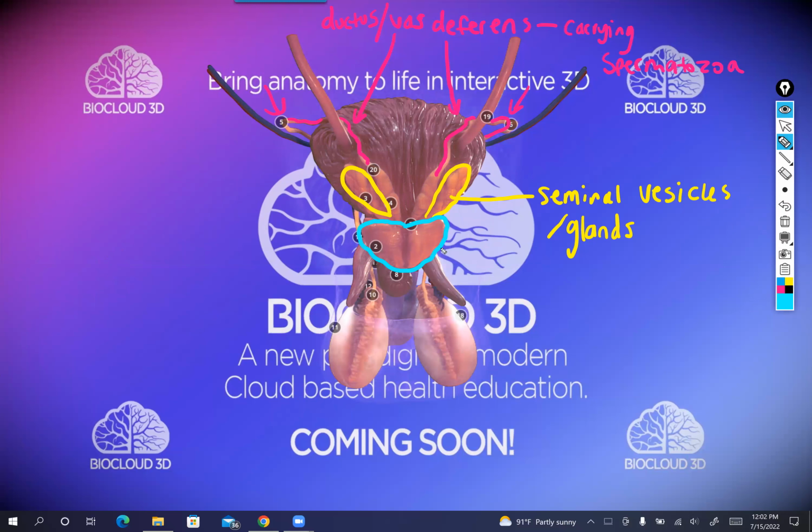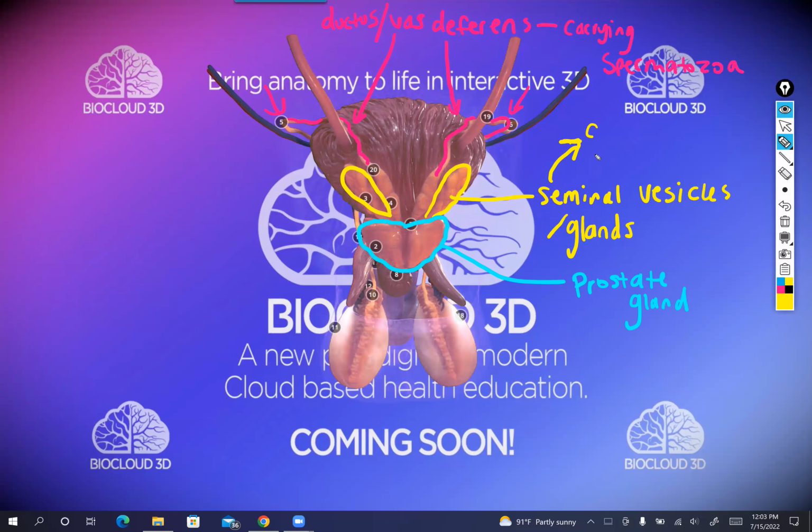And the prostate adds additional fluid to the semen. So the contributions of the seminal glands are things like food and fuel for the spermatozoa.